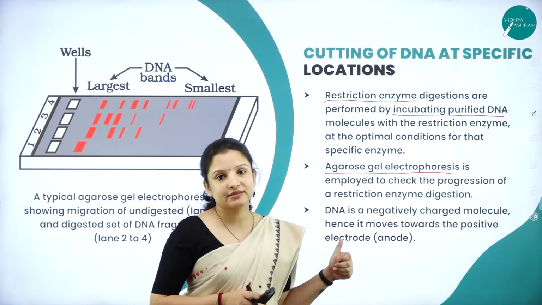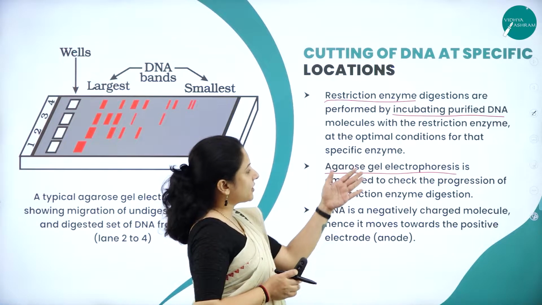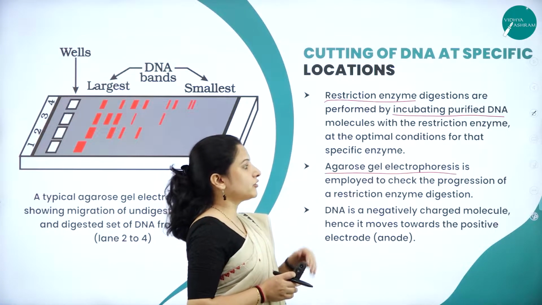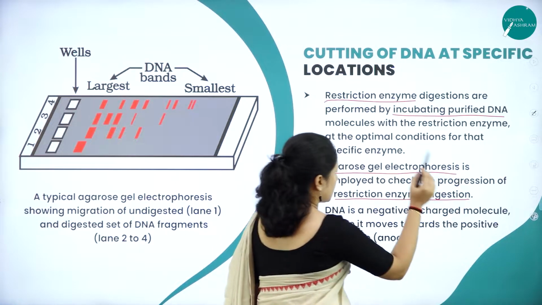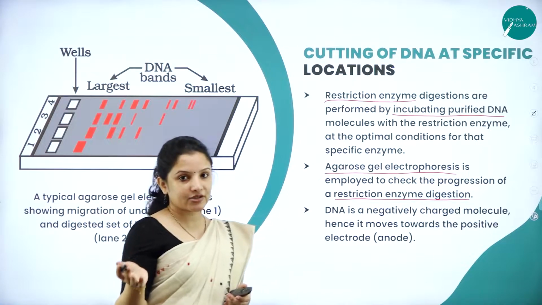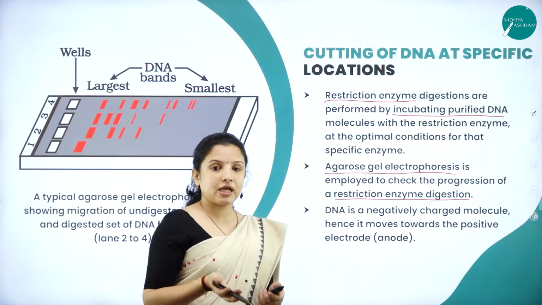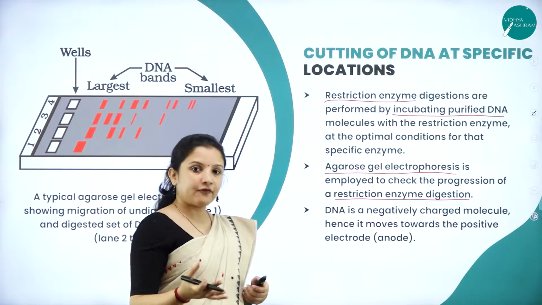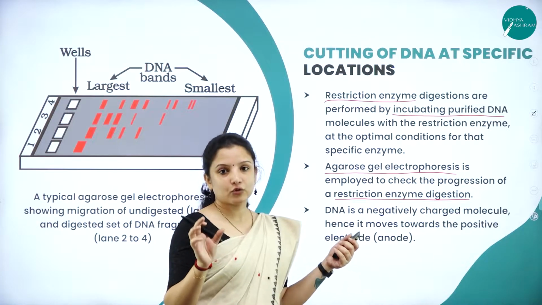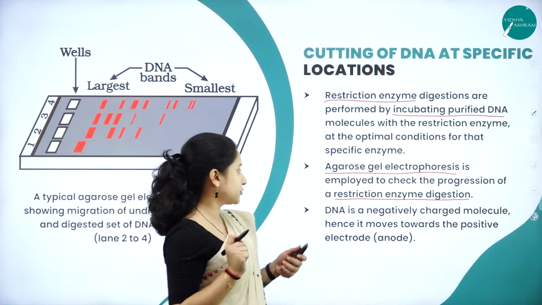This also we have studied in the previous session, so have a look into it. Agarose Gel Electrophoresis is used in order to check the progression of a restriction enzyme digestion, whether the restriction enzymes have digested or broken the DNA having the desired fragments or not. That will be found out, and the separation of those fragments will be done using the Agarose Gel Electrophoresis procedure.